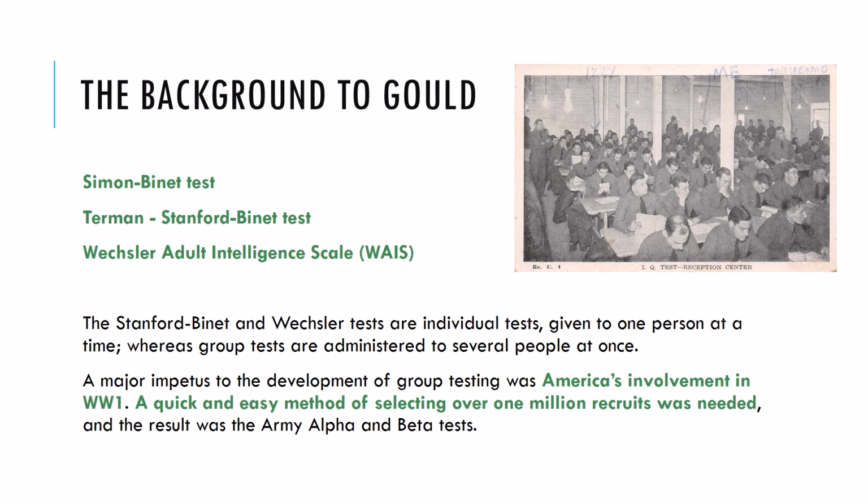A major development here was that America became involved in World War One, and as part of the selection and recruitment of soldiers, they wanted a push on group intelligence testing. The idea was that you would test army recruits and then filter them into appropriate roles. The result of this was the Army Alpha and Beta tests.